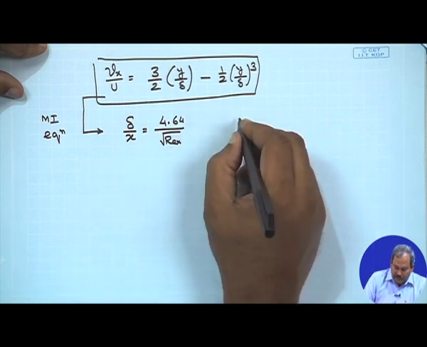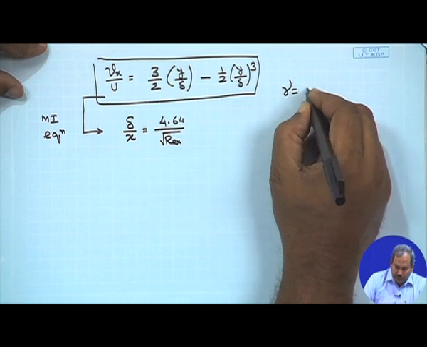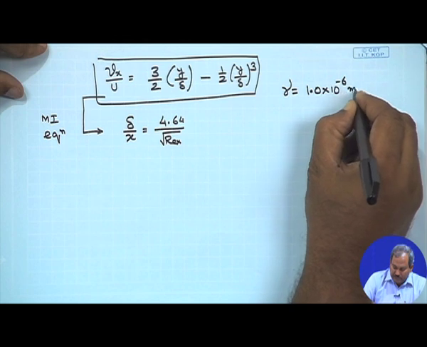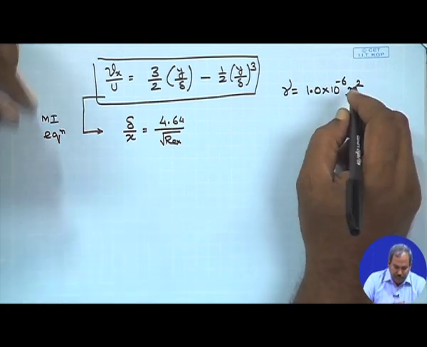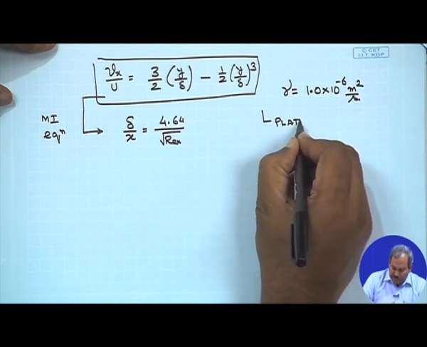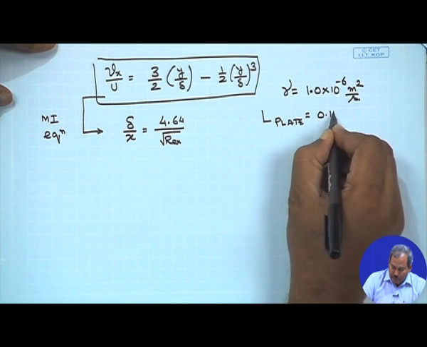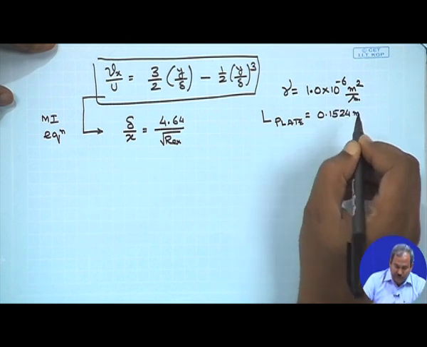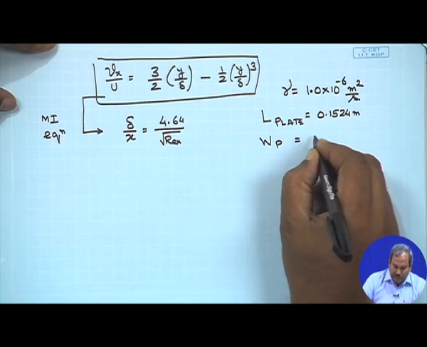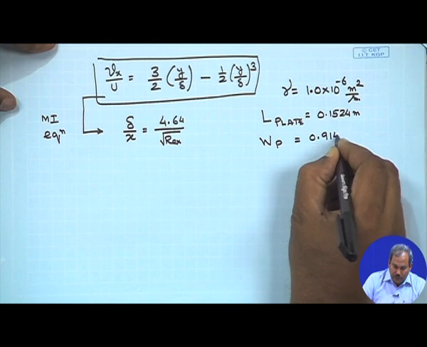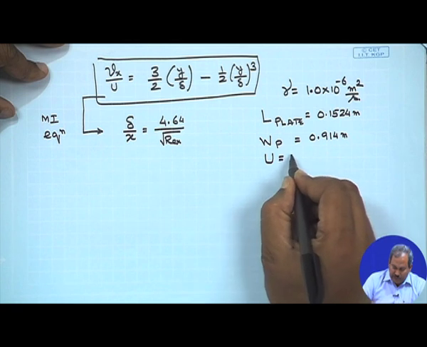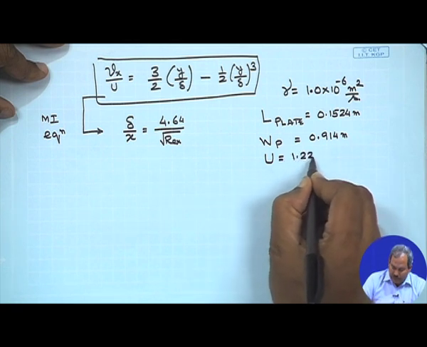The kinematic viscosity for the fluid is given as 1.0 into 10 to the power minus 6 meter square per second, the length of the plate is 0.1524 meters, the width of the plate is 0.914 meter, and the free stream velocity is provided as 1.22 meter per second.